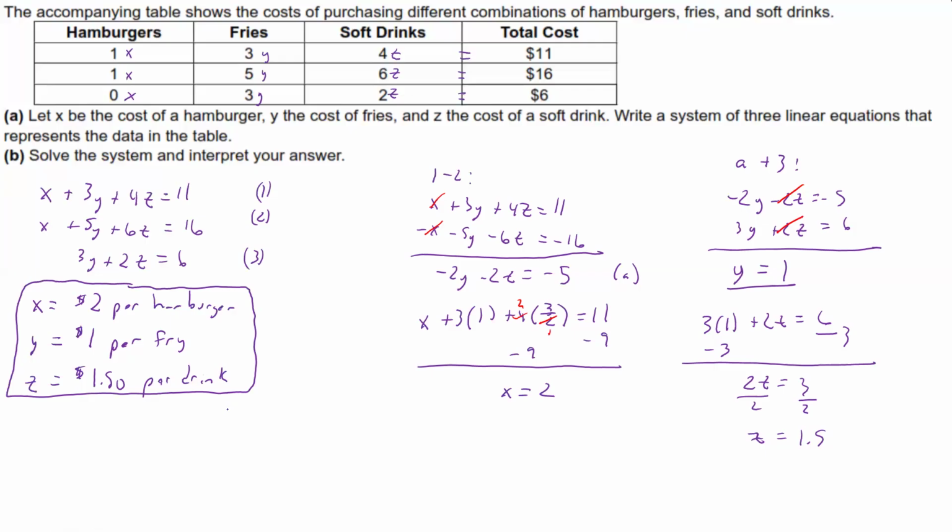Now I have to check these. I'll do equation 1 first. I have 2 plus 3 times 1, plus 4 times 3 halves, and I'm using the fraction to make it easier. 2 plus 3 is 5, the 2 cancels, and 5 plus 6 is 11, so that works.